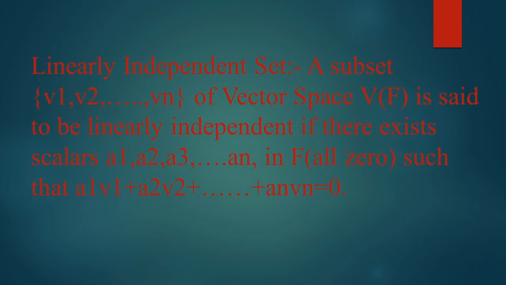In linearly dependent sets, the scalars are not all 0. But in a linearly independent set, if we take the linear combination of the vectors v1, v2, ..., vn equal to 0, then the scalars a1, a2, ..., an are all 0.